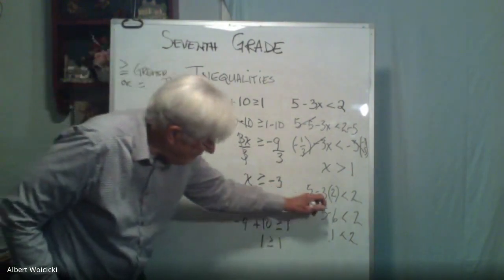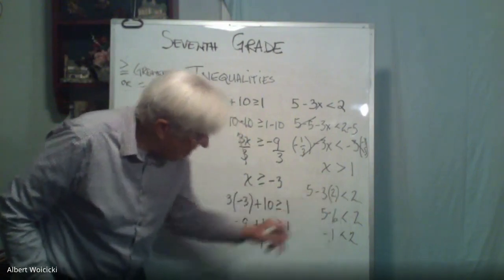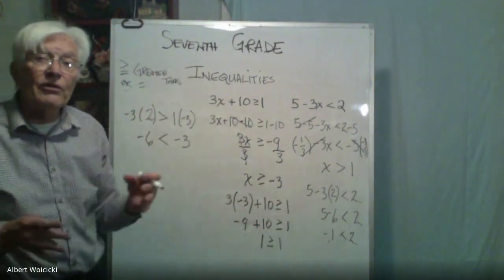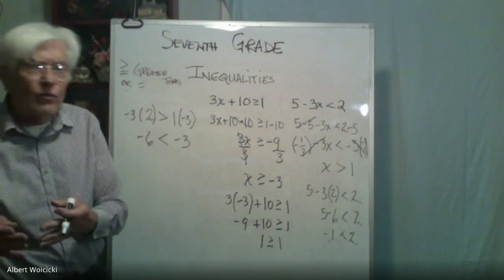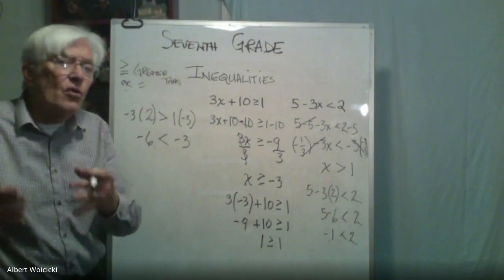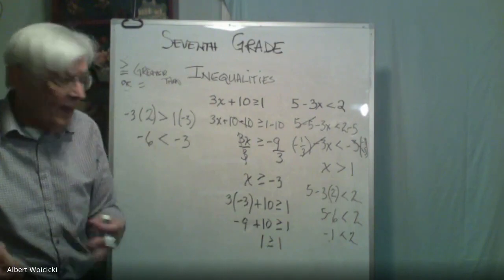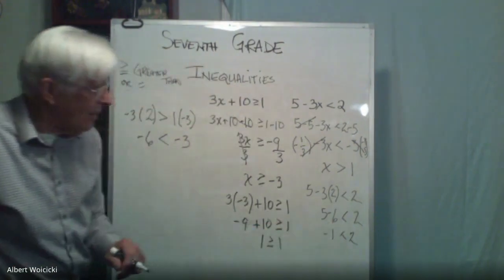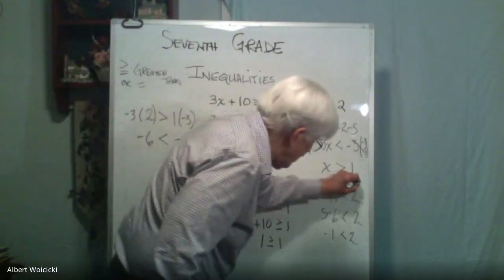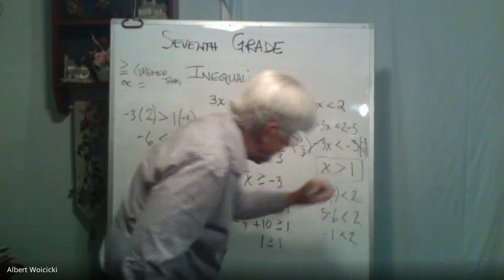So I had to decide, okay, what number can I put in here? Well, I have to find something that's greater than 1. So I choose 2. I could have chosen 1.5, 1 1/3, 1 1/4. Anything greater than 1. And when I check that, my answer works out. And so this is true.